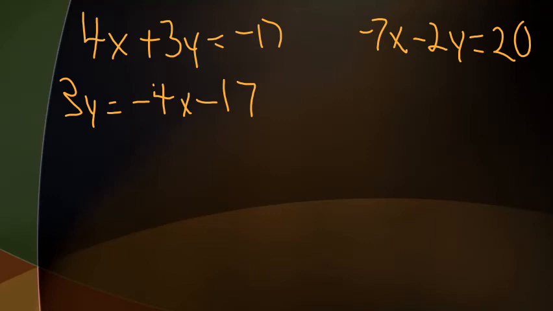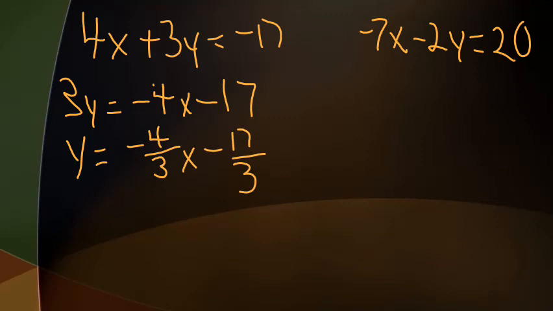And now I'm going to divide the entire equation by 3 to isolate the y. So I've got minus 4/3 x minus 17 over 3. Okay, so this equation is now written in slope-intercept form. Let's go over here and tackle this one on the right. I'm going to add 7x to both sides. It's going to result here in minus 2y equals 7x plus 20.